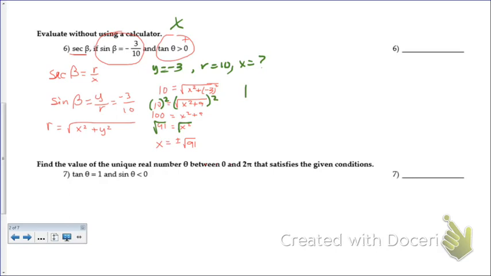I know that tangent of theta is y over x, and I know that the answer has to be positive, because tangent is greater than 0. The y that we have is -3.